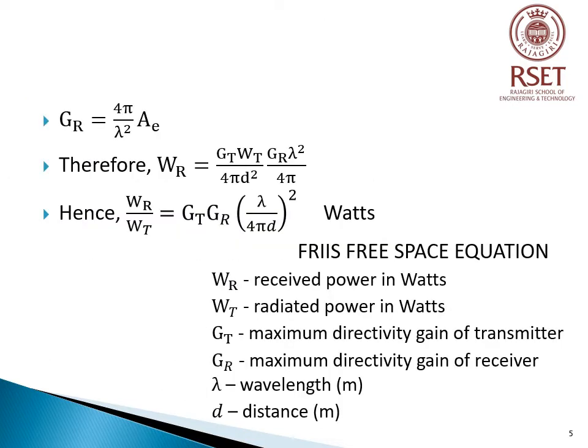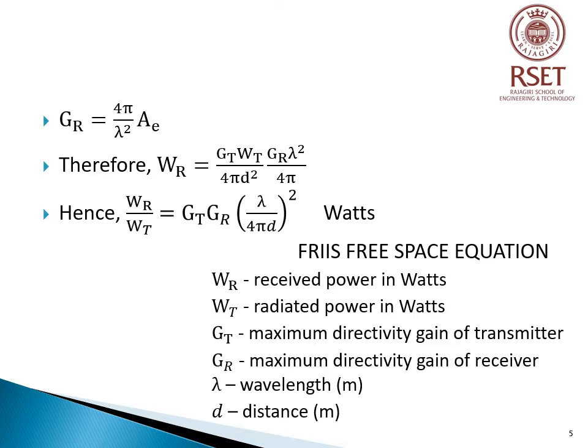And we also know that there is a relation between the maximum directivity gain and effective area, that is G is equal to 4 pi AE by lambda square. So therefore we can write GR is equal to 4 pi AE by lambda square, where lambda is the wavelength that is being radiated, and therefore we can write AE as GR into lambda square by 4 pi, and therefore substituting this value of AE in the previous expression, we can write WR as GTWT by 4 pi d square into GR lambda square by 4 pi.